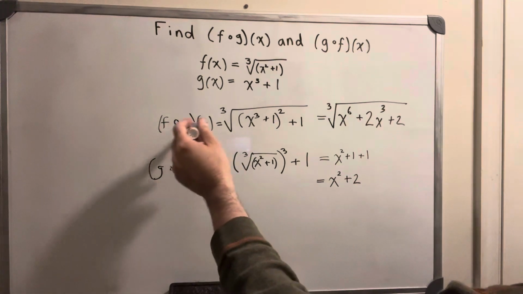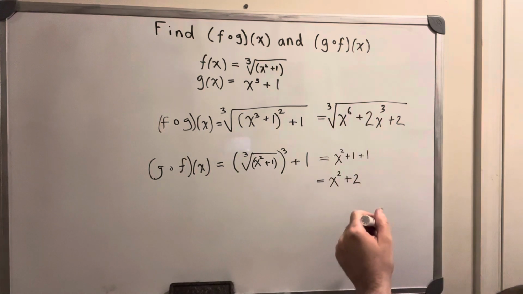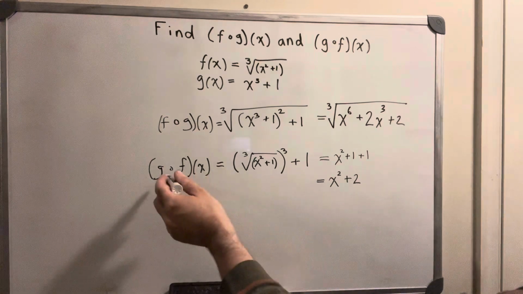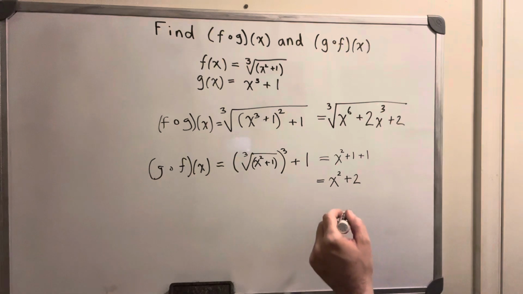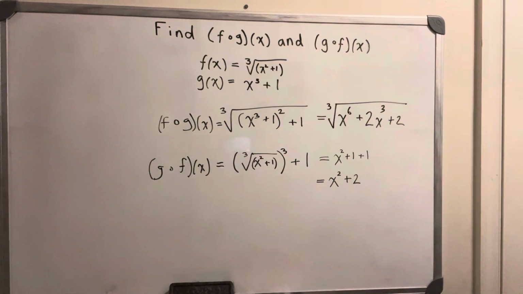So f of g of x is the cube root of x to the 6th plus 2x cubed plus 2, and g of f of x is x squared plus 2. So you can see they're frequently not equivalent, so order does matter.